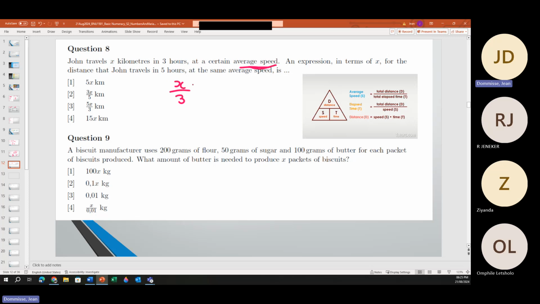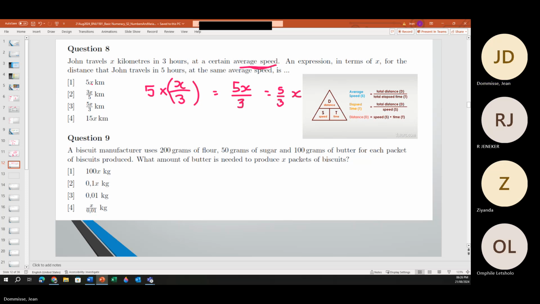And then if you want to work it out for 5 hours, we will just say 5 times that average speed of an hour. So then it becomes 5x over 3, or another way might have been to write it as 5 over 3x. So again, just look at how they phrase it.